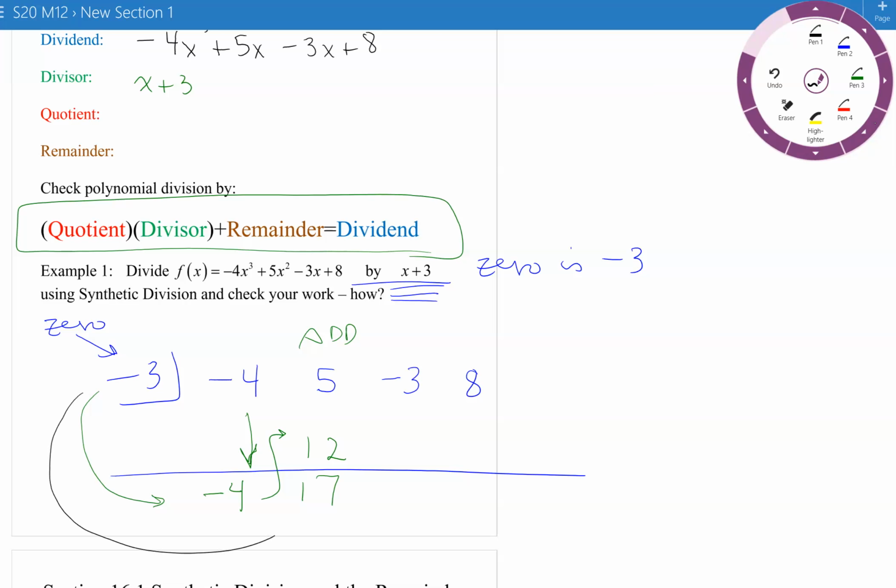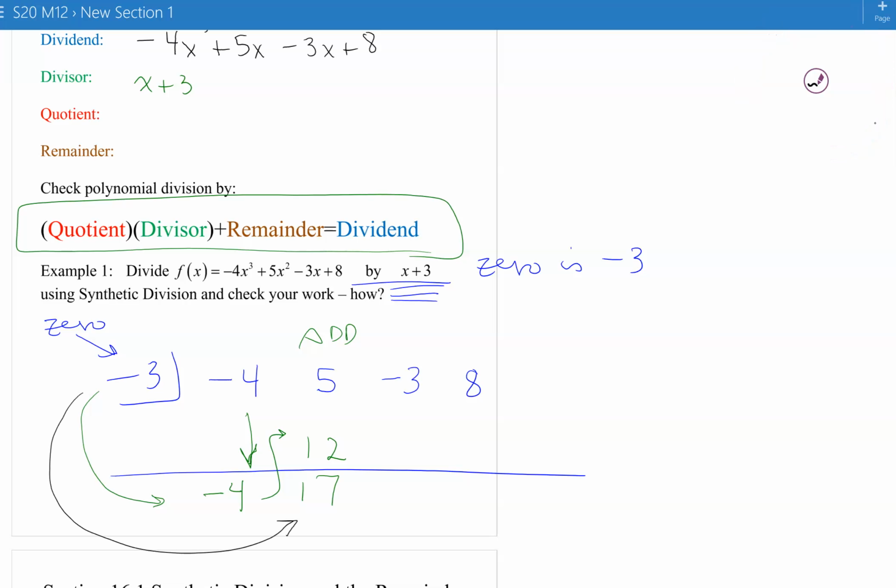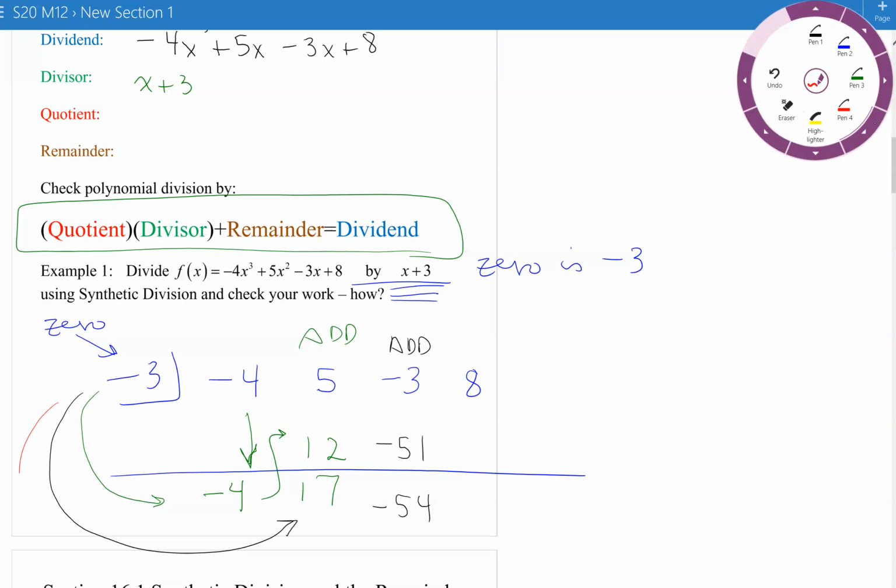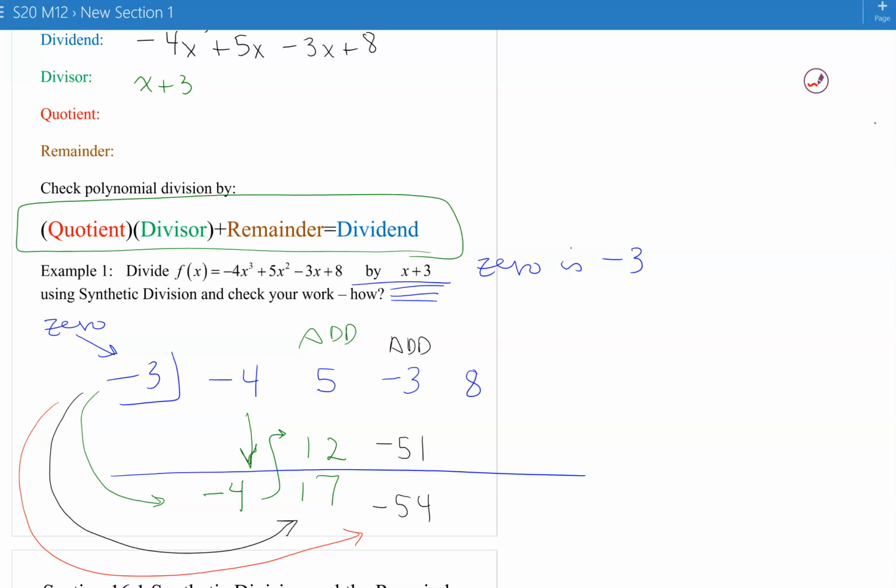So then we're going to do negative 3 times 17 and get negative 51 and add vertically and get negative 54. So then I'm going to do negative 3 times negative 54, and that's going to give me 162. And then I add vertically and get 170.